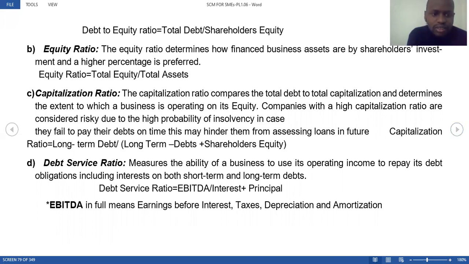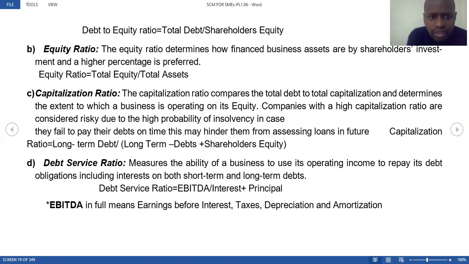And when you are calculating the capitalization ratio, you take the long-term debt minus short-term debt. You divide by the long-term minus the short-term debt plus the shareholders' equity. Then you'll be able to know how much you have in terms of capital for the business.